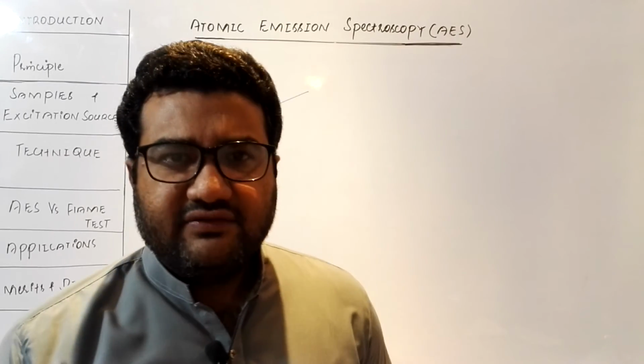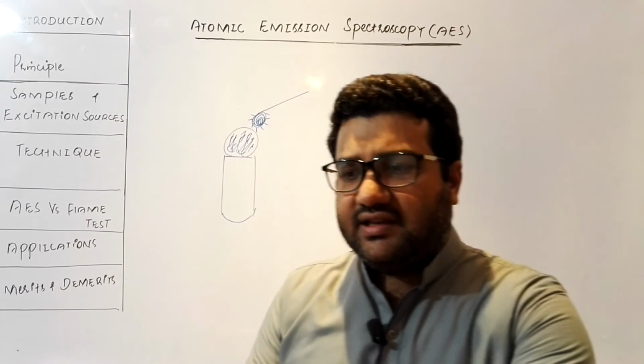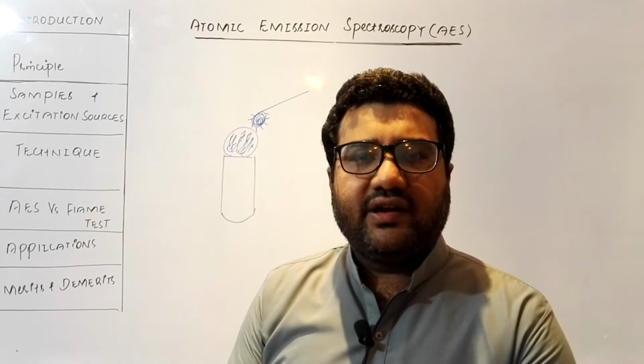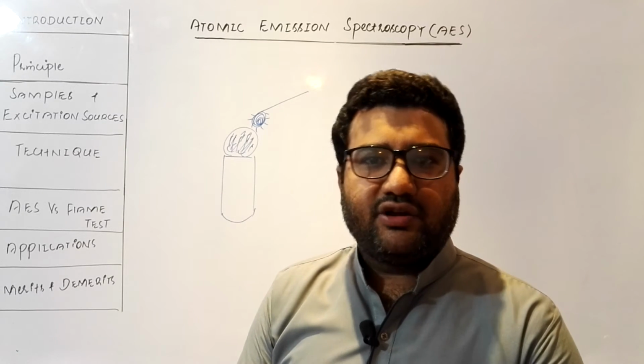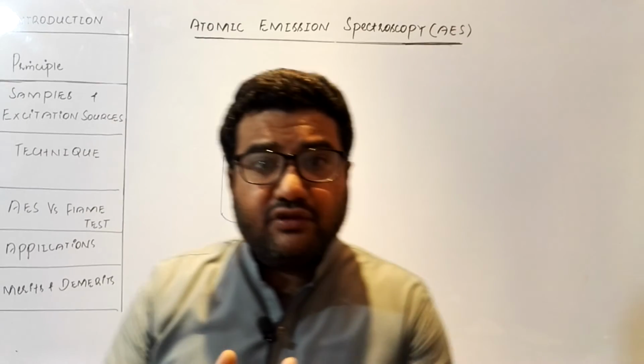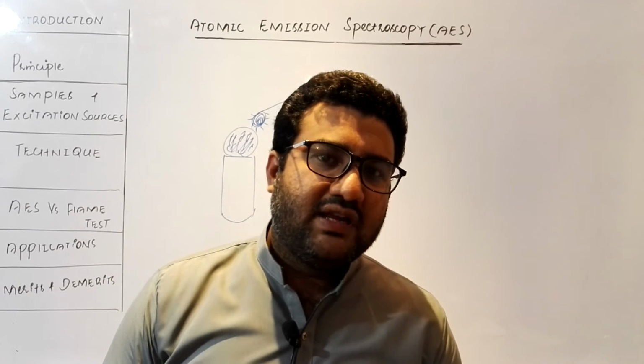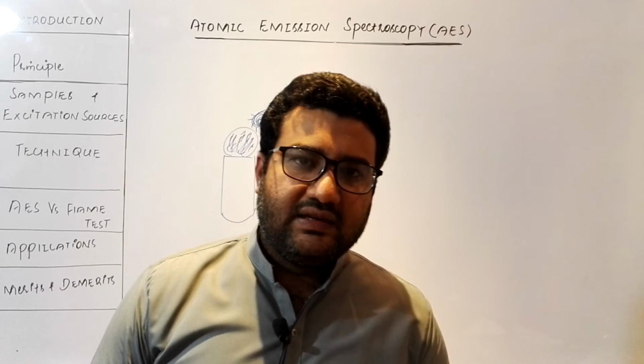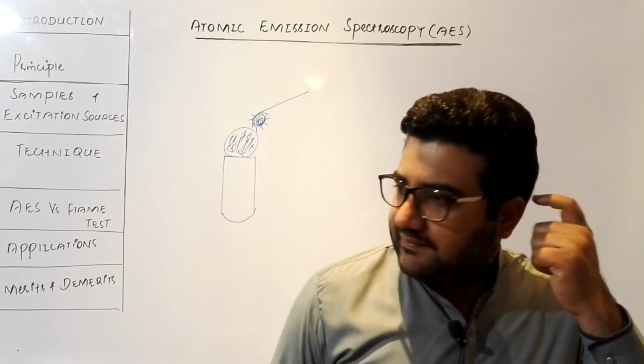Then this flame test is very easy. Just heat the loop and note the color. We can detect the metals. Why do we use then atomic emission spectroscopy, and why do we make the atomic emission spectrum to detect the metals? This technique is especially for metals.